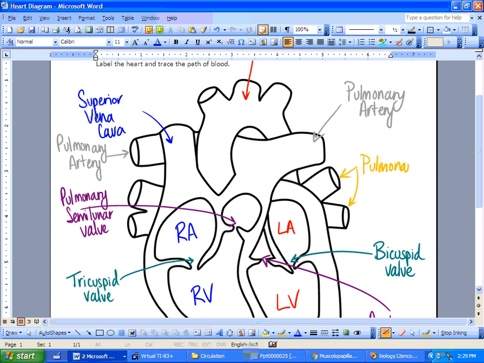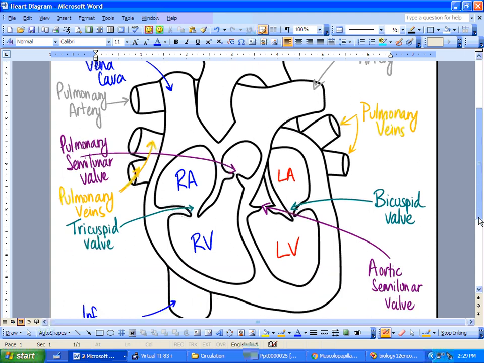Again, pulmonary means it's got something to do with the lungs. Pulmonary veins there. Sorry, this left-hand side gets a bit tight. Pulmonary veins are these structures here. So there's all the different blood vessels around the heart and the chambers of the heart itself.